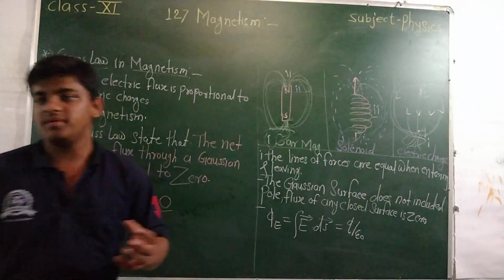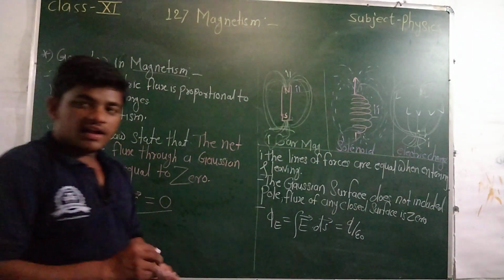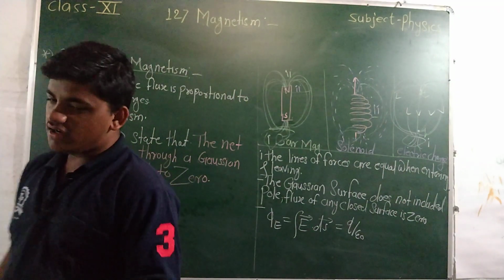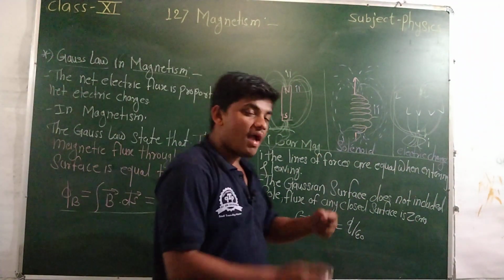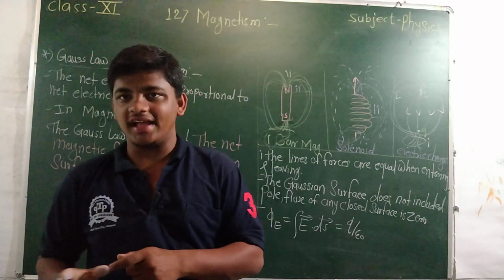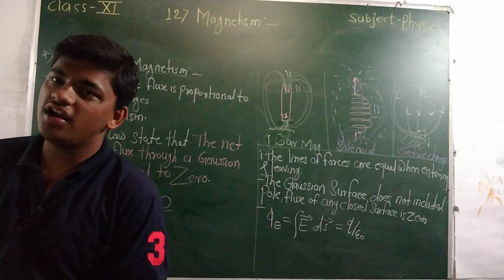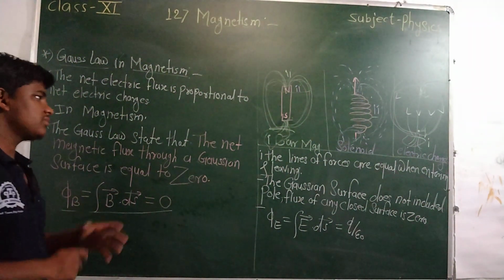Isolated electric charges exist, but isolated magnetic charges do not exist.